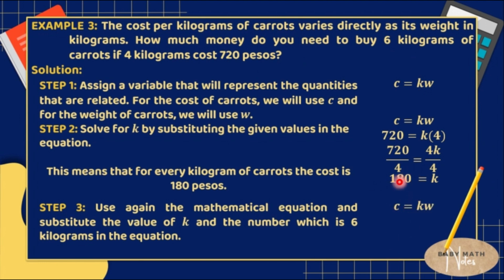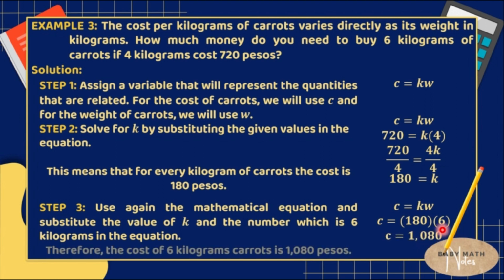So, let us substitute the value of k which is 180 and also yung given natin na kilograms or yung W natin. Ayan. So, 180 times 6 is 1,080. So, therefore, the cost of 6 kilograms carrots is 1,080 pesos.